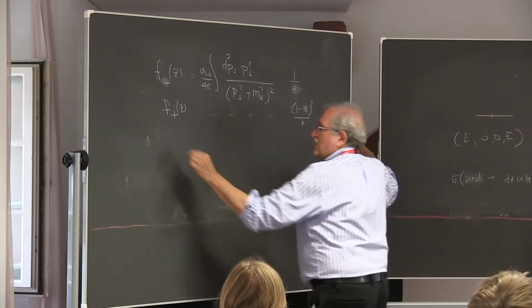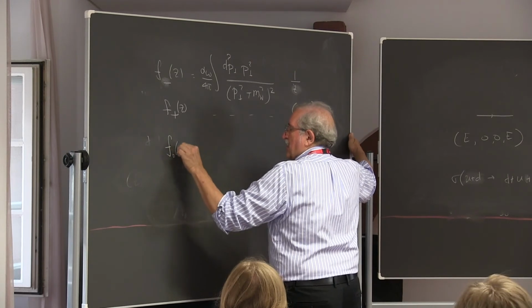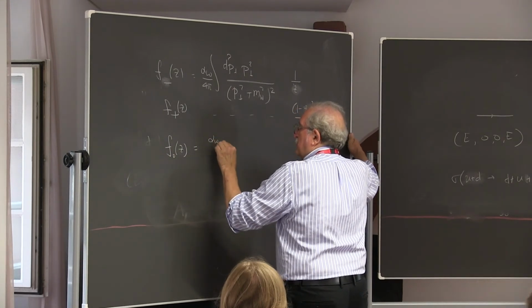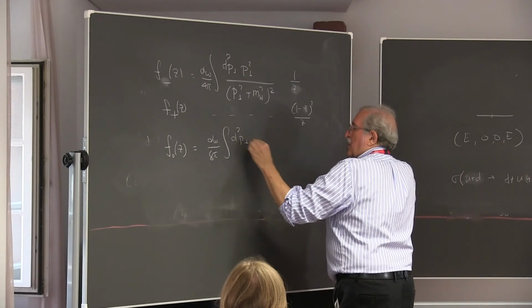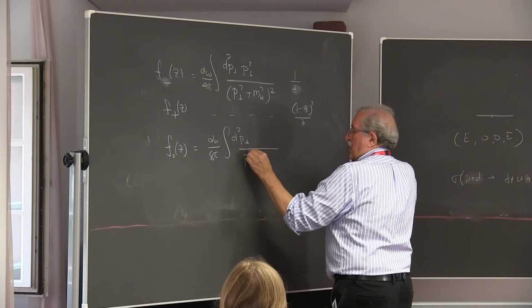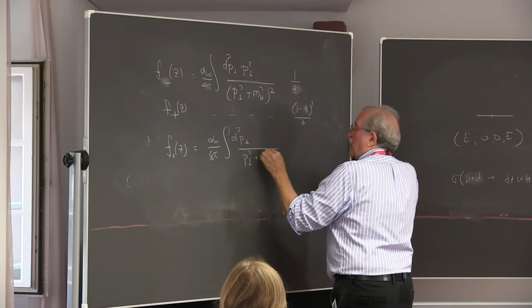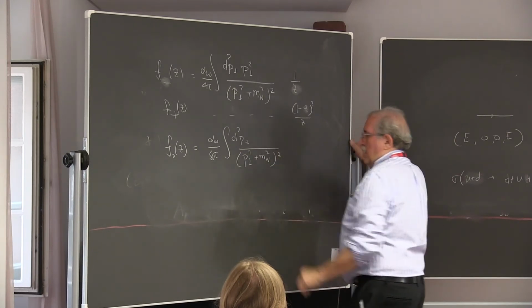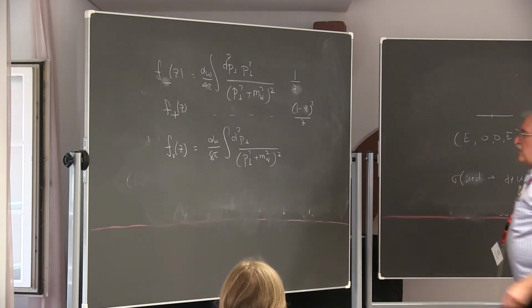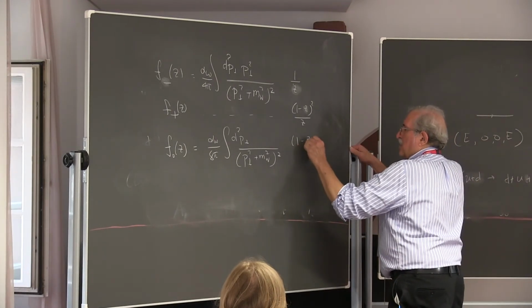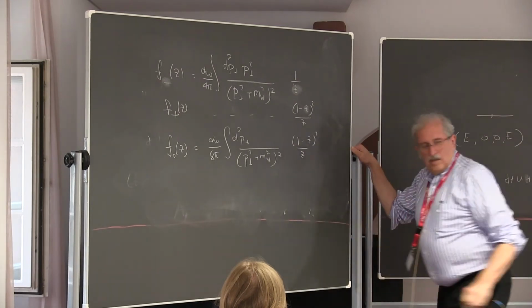The interesting one is the longitudinal one. The factor over here is 1 minus z squared over z.